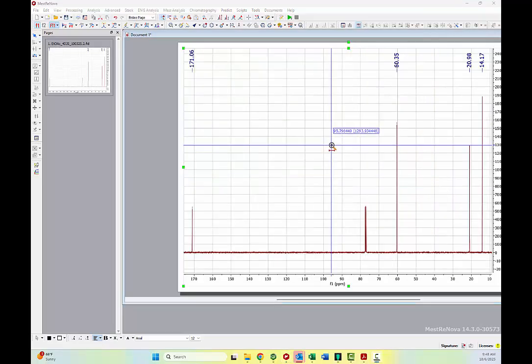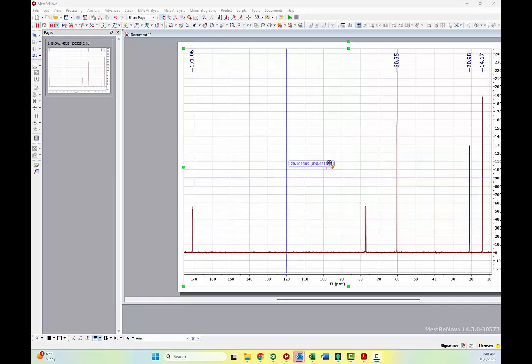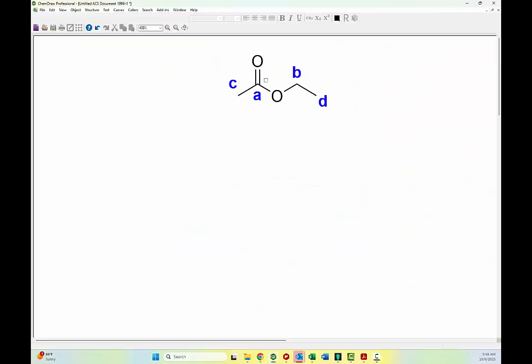And so you might wonder to yourself, why don't we perform integration in a C13? Looking at this ChemDraw image, what you see is that there are four carbons, each in their own unique environments. Therefore, if we were to integrate them, we might expect them all to have an integration of approximately 1.